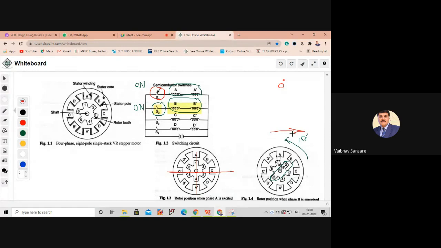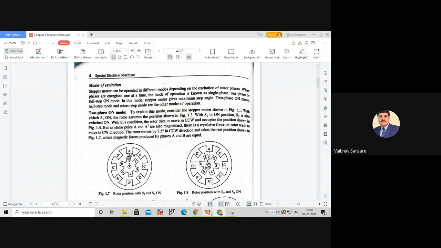Now these both coils carry the same current, so effectively the rotor will move in the forward direction, that is the counterclockwise direction, by a step angle of 7.5 degrees. So when two switches are in the on condition, the rotor moves by 7.5 degrees in the CCW direction and takes a rest position as shown in figure 1.7.